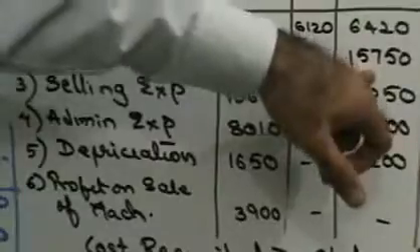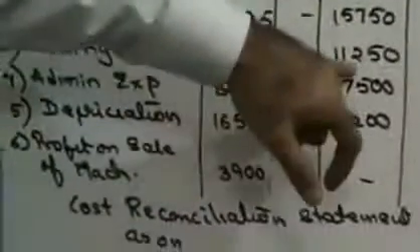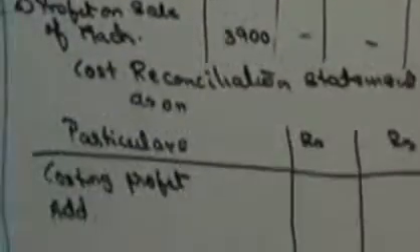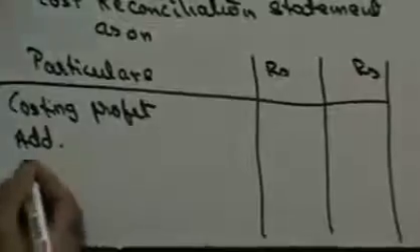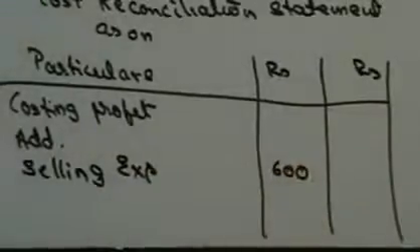Less is less. Right? Someone give me how much is this? Work expenses, 2445. Right? Next, selling expenses is 11,250 and 10,650. It is more in cost sheet. More is more. Right? Someone give me the difference. How much is it? Selling expenses, 600.